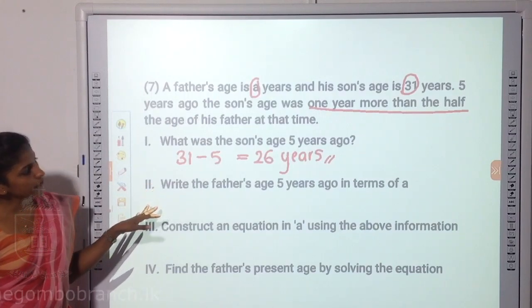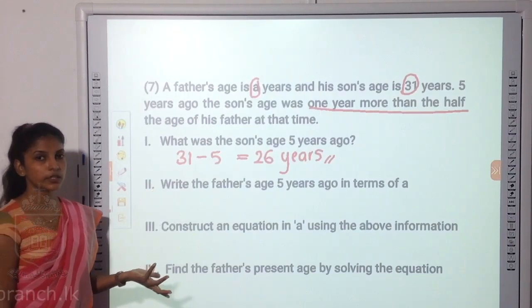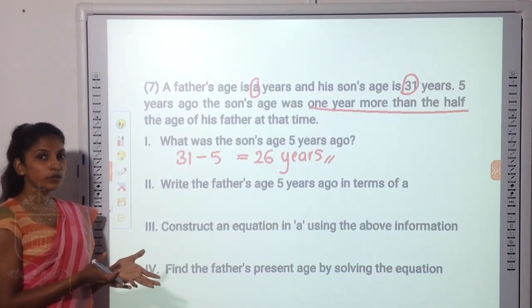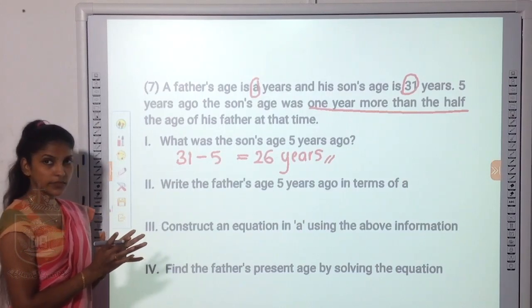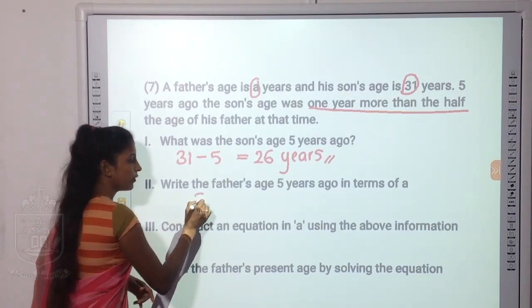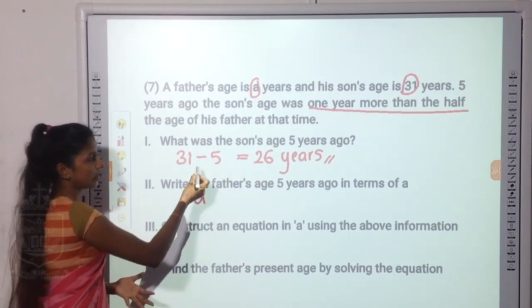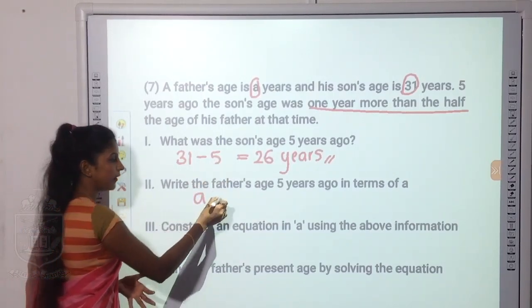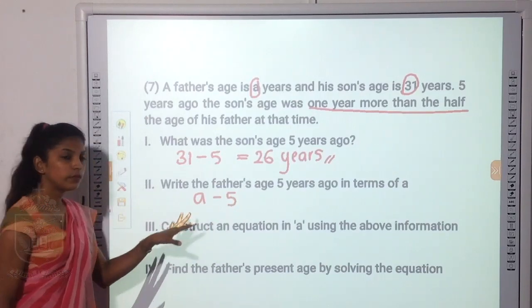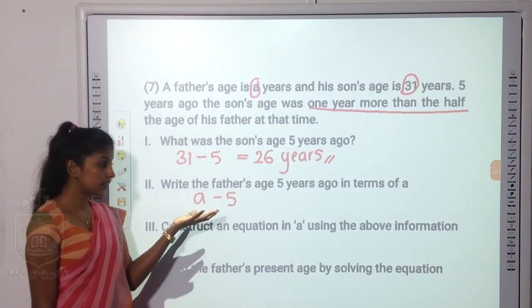And next, write the father's age 5 years ago in terms of A. Now since we don't know the age of the father, that is in terms of A, right? 5 years ago means, like the previous, you have to subtract 5. So let's subtract 5. Now can we simplify this expression?